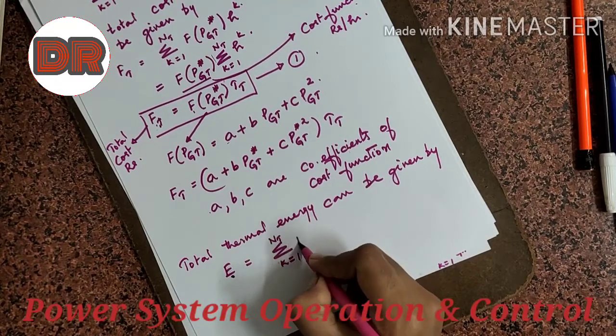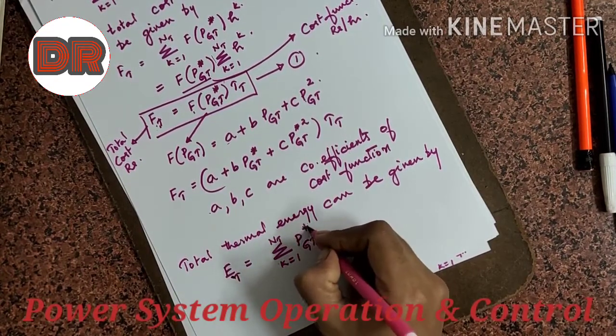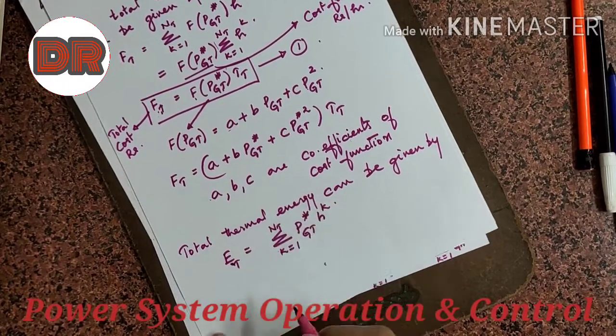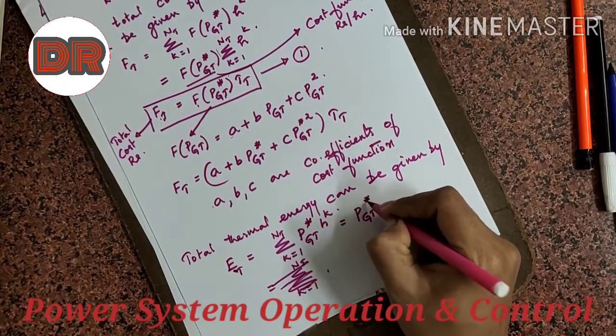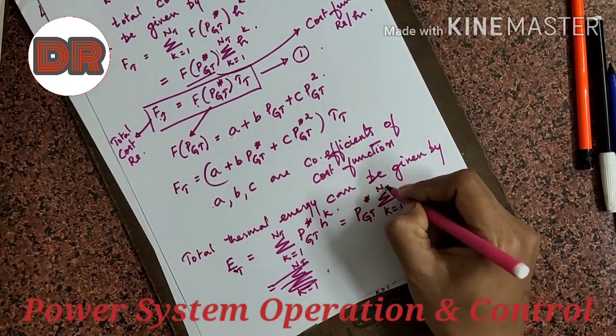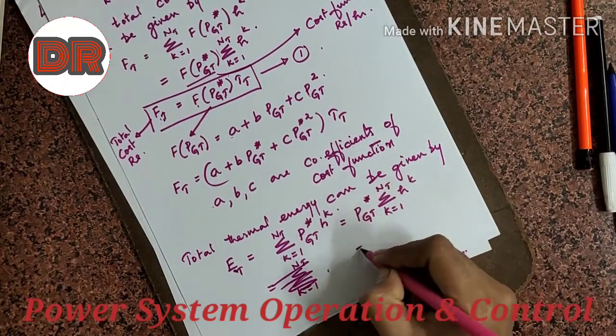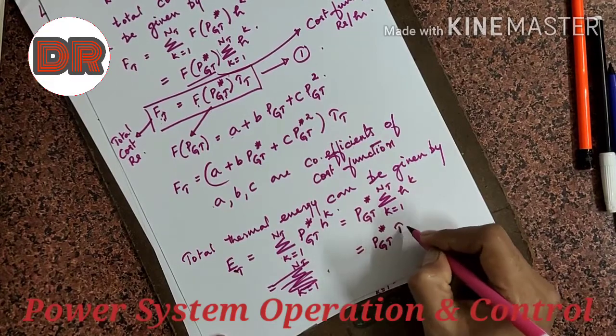So PGT star HK. This can be written as PGT star summation NT HK, so this becomes PGT star TT.